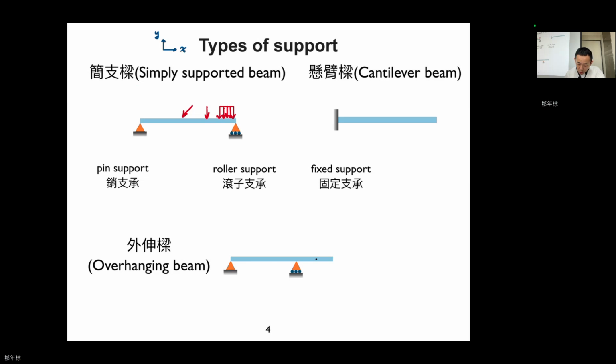Right, so if there's no support here, and if you apply the load like this, it will fly away, right? So these supports will give you a reaction force and make it balance, and then it will stay here to let you see it.